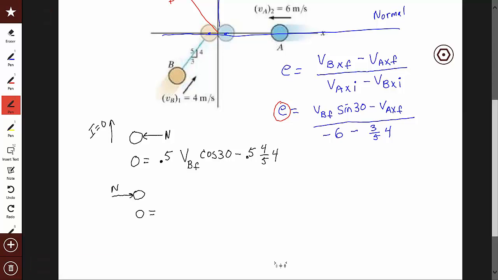So at the end, momentum, mass, 0.5, the velocity of A final in the y direction, that's the final momentum in the y, minus the initial momentum in the y. It has none. And so what this equation tells me is that the velocity of A final in the y direction is equal to 0.